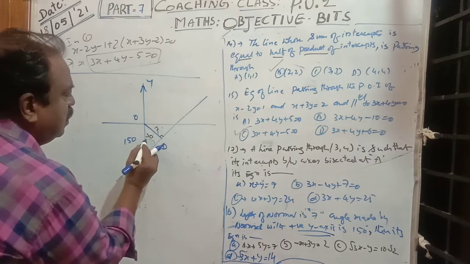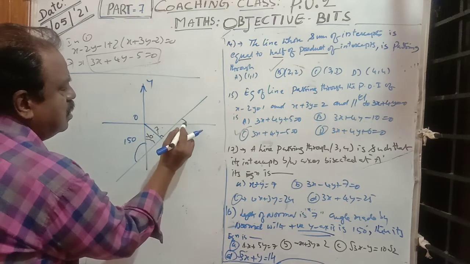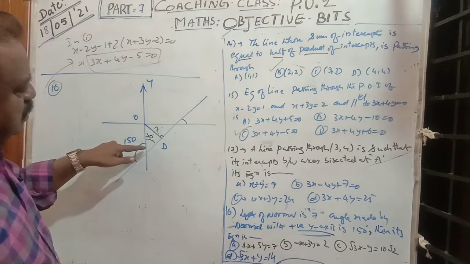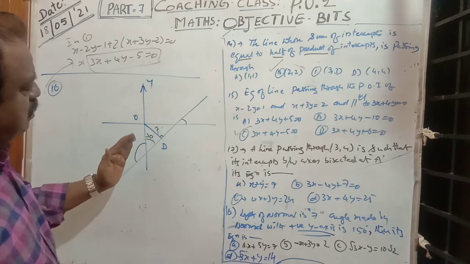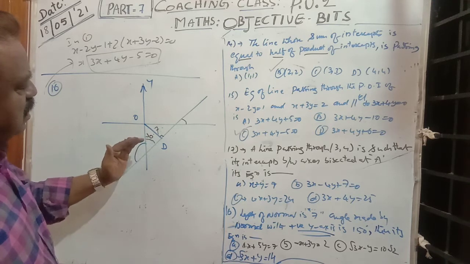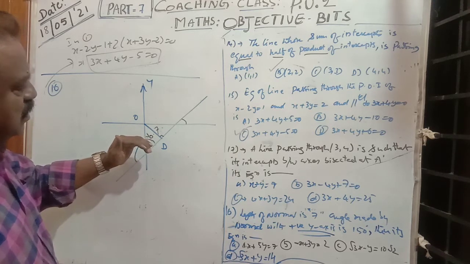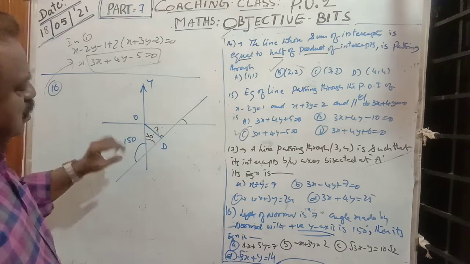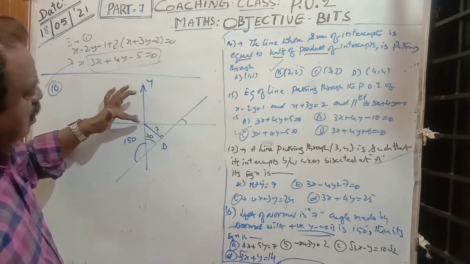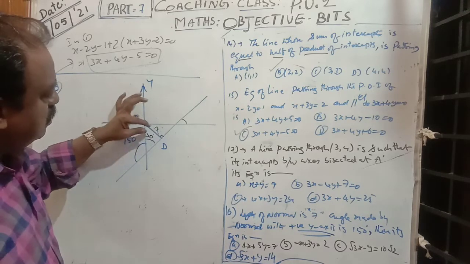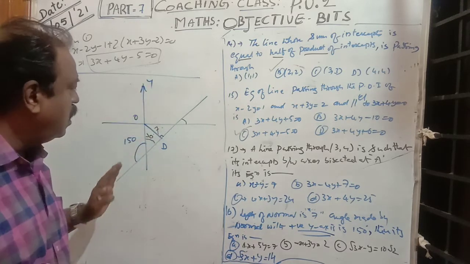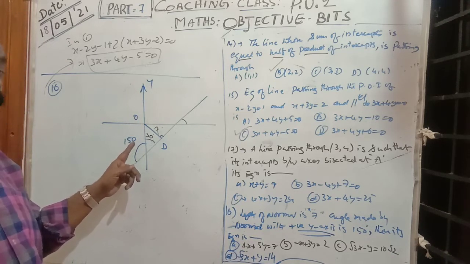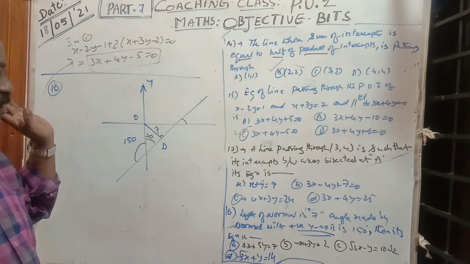You try to understand. Now you tell me: the normal from the origin to the line is 7 and it is making a 150 degrees angle with the positive x-axis.